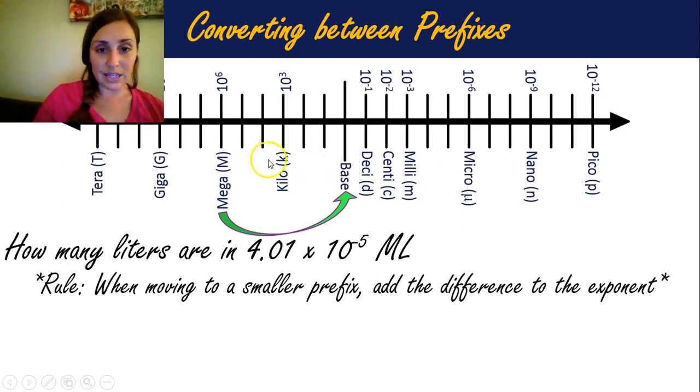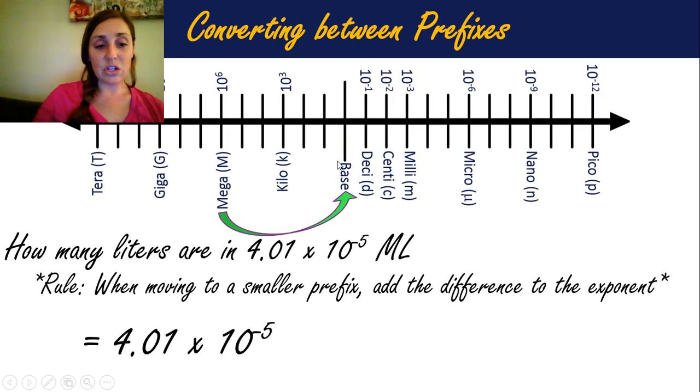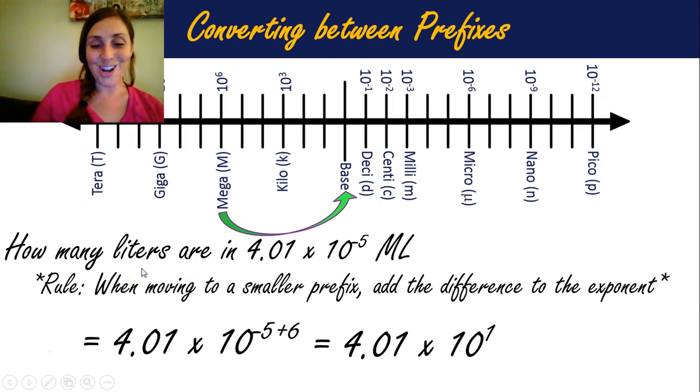So we said this was a difference of 6. So we have our number here, and then we actually add 6 to the exponent because this is 1 million times of the smaller unit. So I need 1 million times larger in my number, or 10 to the 6th larger. So I have negative 5 plus 6 in my exponent. That will give me 1 up there. So 4.01 times 10 to the 1st.